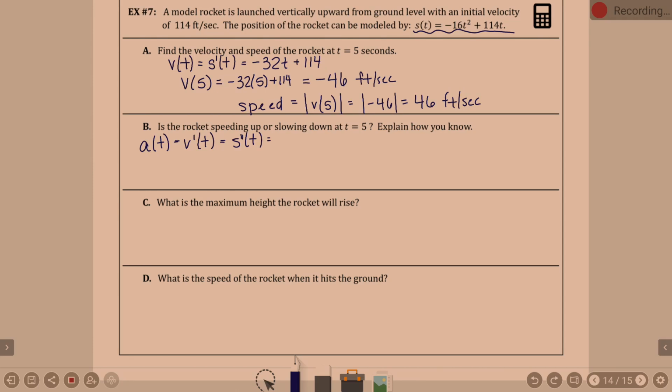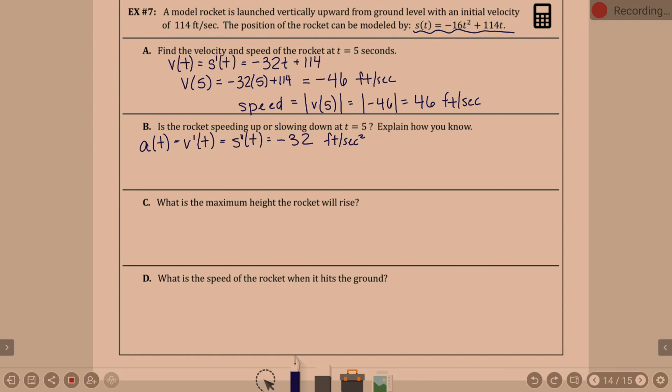So velocity was negative 32t plus 114. Acceleration is negative 32. And what kind of label would acceleration be? Feet per second squared.